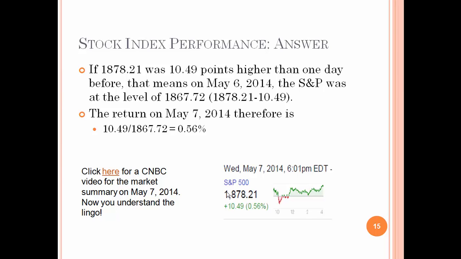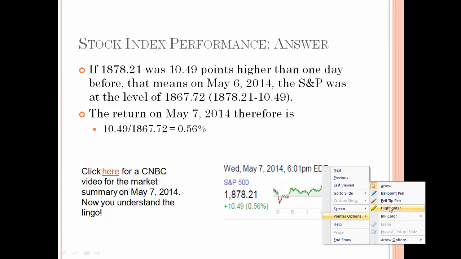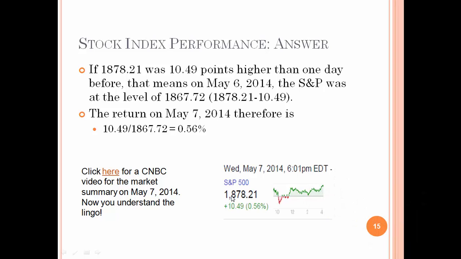If you look at the chart here, you see that on May 7th of 2014, the S&P 500 closed at 1878.21, and that is green, which is growth, 10.49 points higher than before, and that represents a 0.56% increase from one day before.